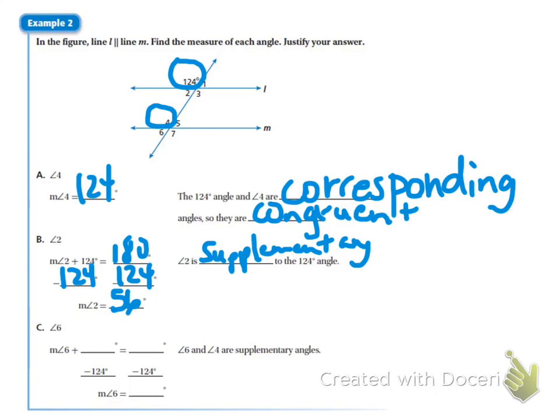And angle 6 plus something equals 180, plus 124. So what is angle 6? 56. That is correct.